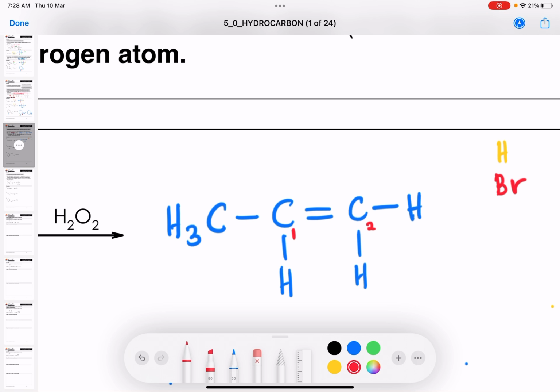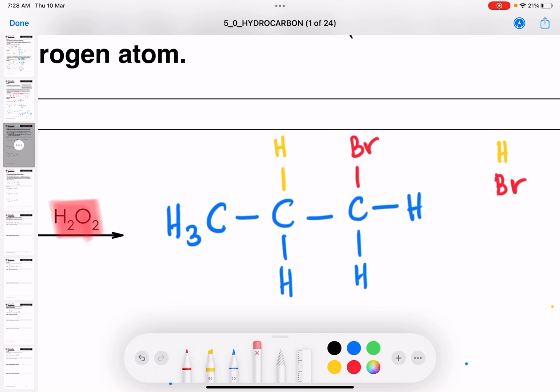Since this is anti-Markovnikov with the presence of peroxide, therefore hydrogen will go here, because it only has one hydrogen, and your bromine will go to the opposite side, which is here. And it becomes like this.